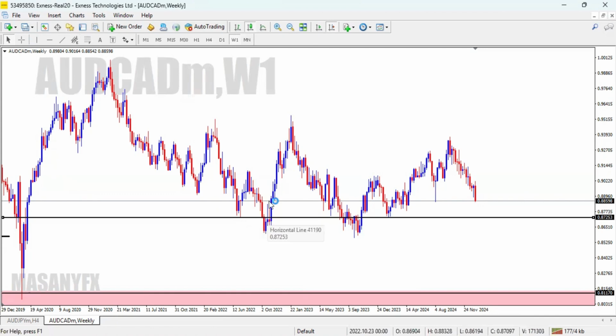This is a QML, this is a head, this is a shoulder, this is a head, and this is what we call a compression. But what's happened here, this QML failed because it took stop losses and went to the correct direction.